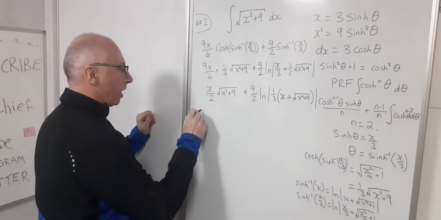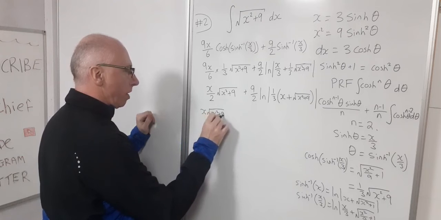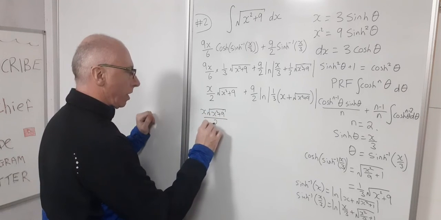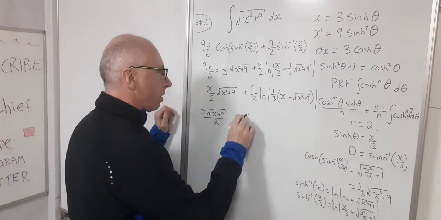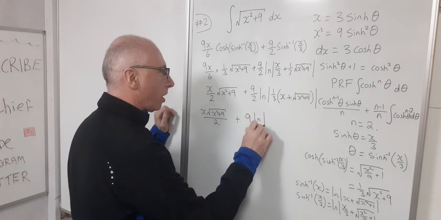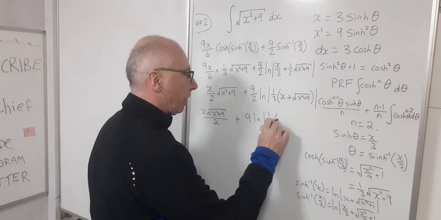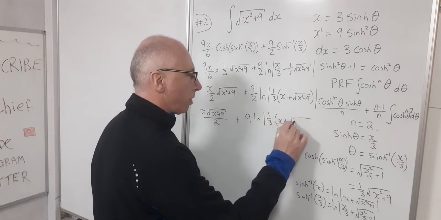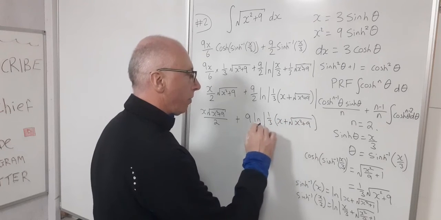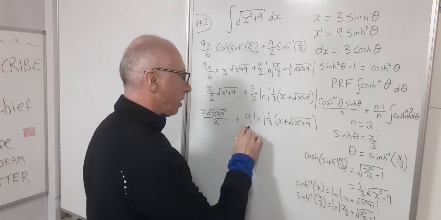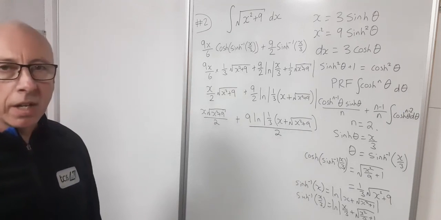So I can take out x times the square root of x squared plus 9, all divided by 2. And then this one here, I've got plus 9 times the natural log, absolute value of 1/3 x plus the square root of x squared plus 9. And then all of this will also be divided by 2.